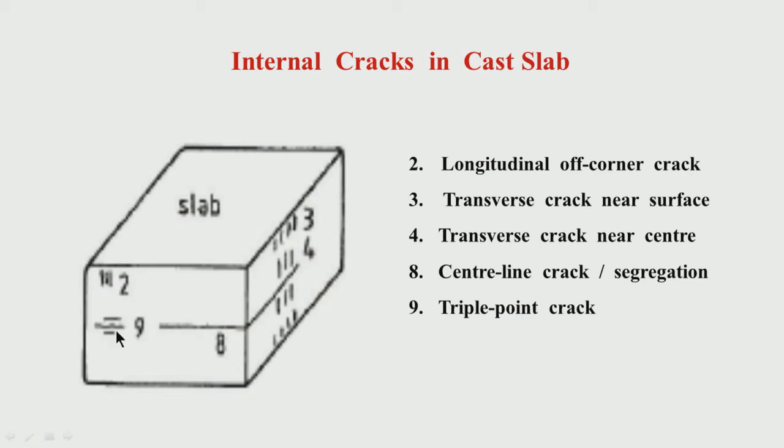So, this triple point, like the central, like the diagonal, is a relatively high defect area. This area is prone to have a lot of defects because all the solidification fronts are meeting. Like grain boundary normally has more defects compared to the grain interior. So, here also this diagonal, the central area and the triple point area, you have more defects compared to the normal area of the casting. So, these areas are relatively weak because a lot of defects are there. So, the possibility of crack formation is also more.